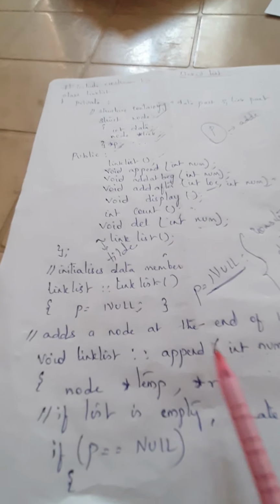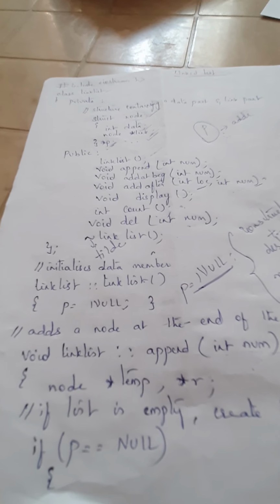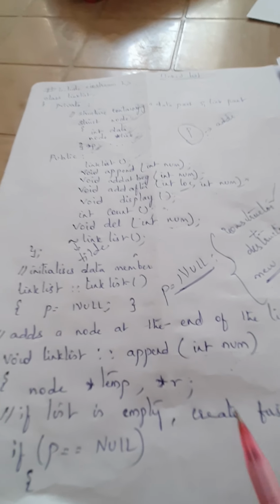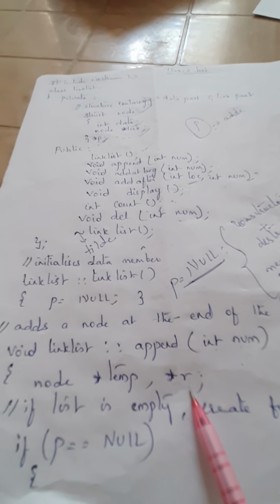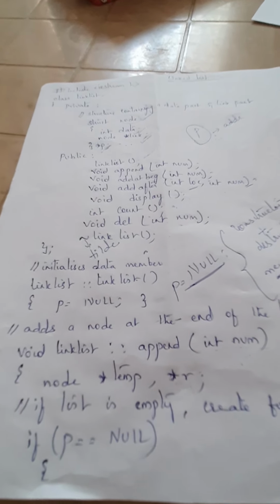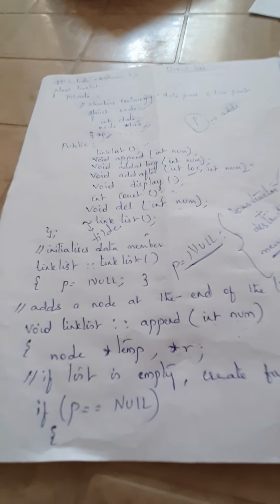Got my point? Append is used to add to already existing nodes. If no node has been created, you first create the node through the pointer r, then add new elements to the list.